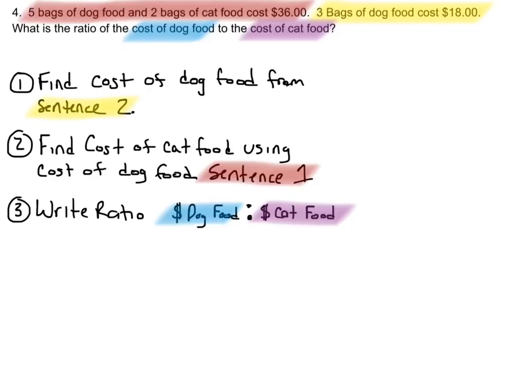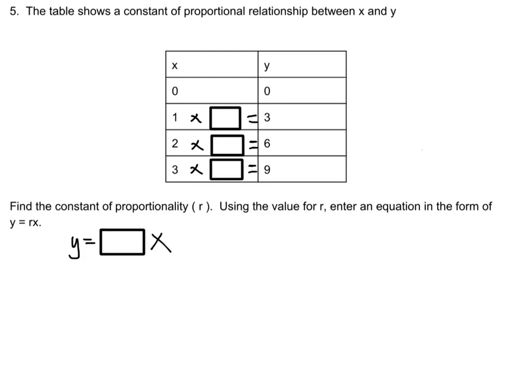For this one, here are the steps. Step 1, find the cost of dog food. I'm assuming you've read this and tried this. 2, find the cost of cat food. Write the ratio. I'm going to assume that you've done that. Find the constant of proportionality R, using the value for R, enter an equation. So 1 times what equals 3? 2 times what equals 6?